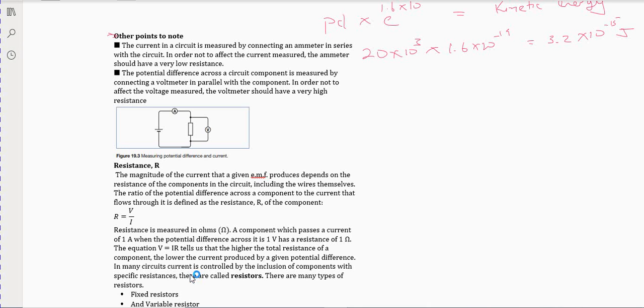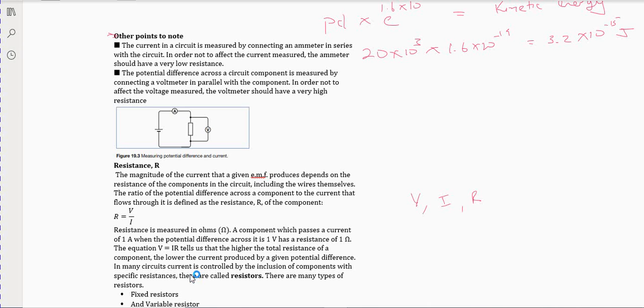Now, we have an equation that we use to link these three things: voltage, current, and resistance. That equation is what we call Ohm's equation, or Ohm's law equation.